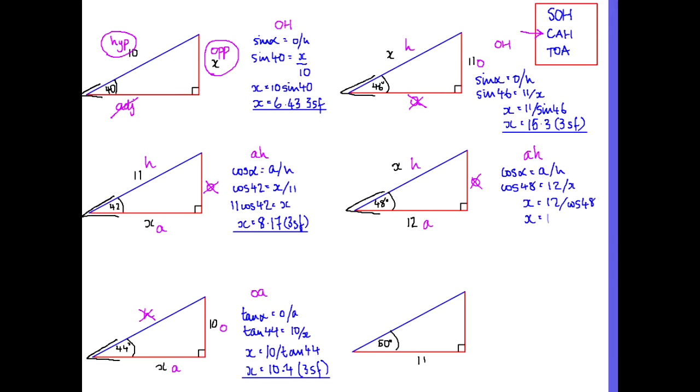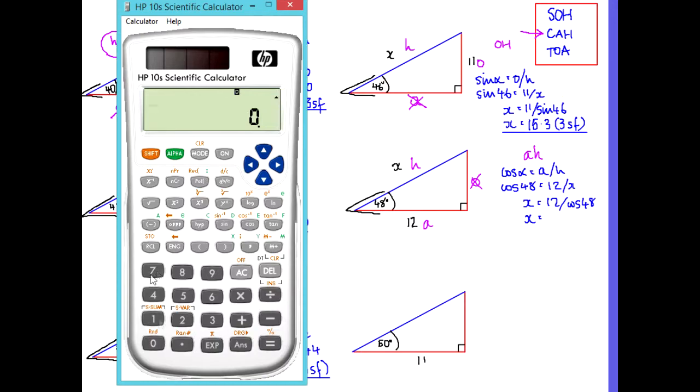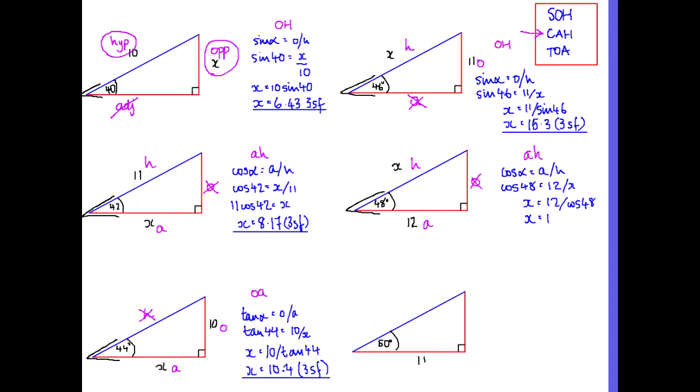So x is equal to, calculator time, plug the numbers in the calculator, 12 divided by cos 48, and the answer is equal to 17.9 to 3 sig fig. 17.9 to 3 sig fig. That's our penultimate answer. And so on to the last example then.